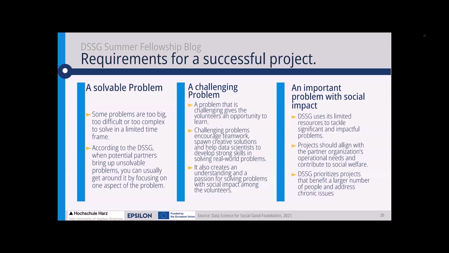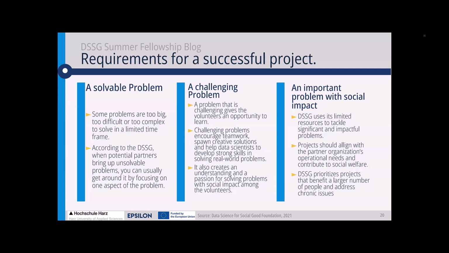Therefore, find challenging problems, encourage teamwork and spawn creative solutions to help data scientists develop strong skills in solving real-world problems. And here, the skills are not only programming skills and data science skills, they also include project management, expectation management, knowledge management, and presentation skills.